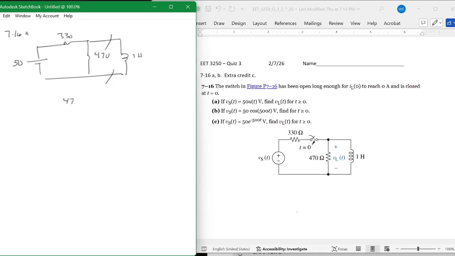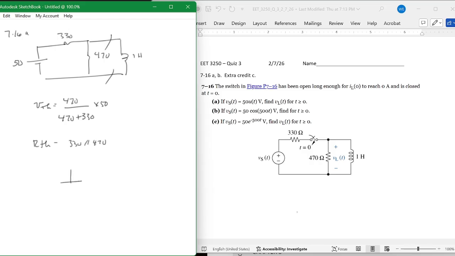So V Thevenin is equal to 470 over 470 plus 330 times 50, all right? And then R Thevenin is equal to 330 parallel with 470.